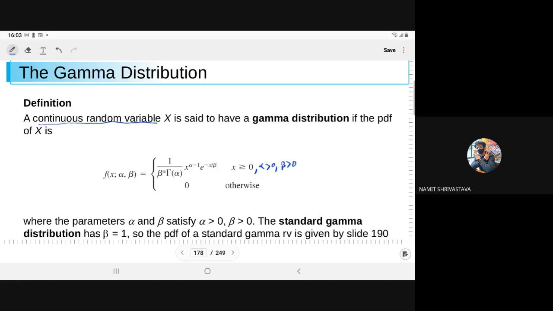So the PDF of the standard gamma random variable will become 1 upon gamma of alpha, x to power alpha minus 1, e to power minus x. Here alpha is greater than 0 and x greater than 0. So this is the standard gamma distribution.